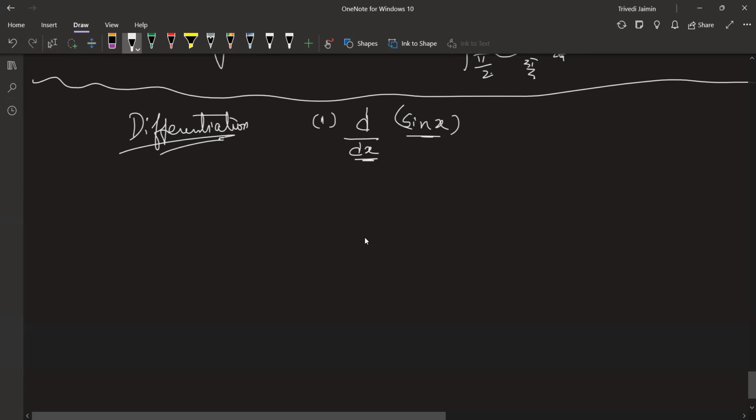So if we have x in that function, we can differentiate. If we write sine y and we write dy by dx, we cannot differentiate this. It will be equal to 0. Differentiation, in short, we are decreasing the values, and integration, we are increasing the values.